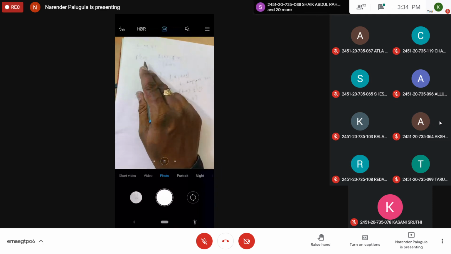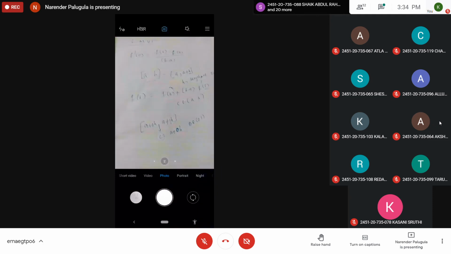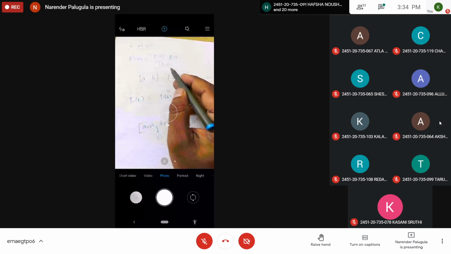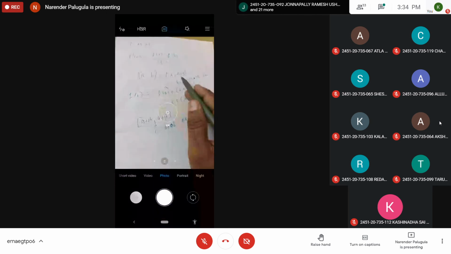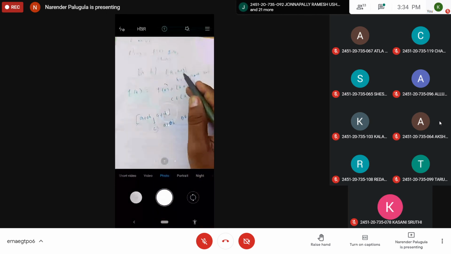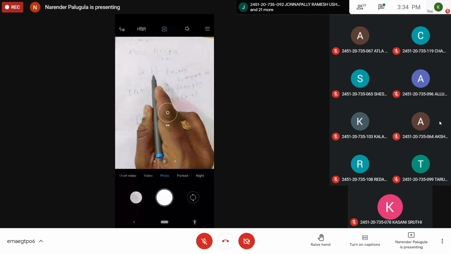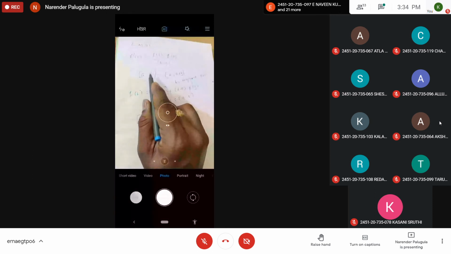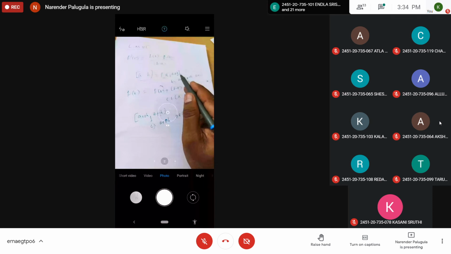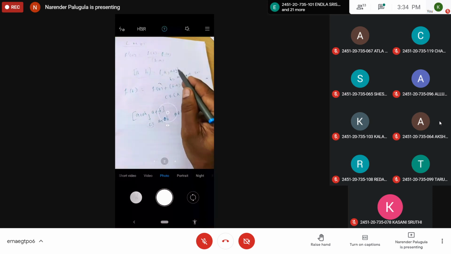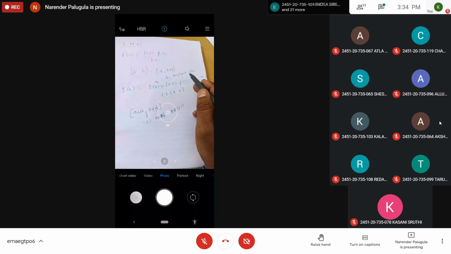Actually, Lagrange's mean value theorem is f dash c is equal to (f of b minus f of a) by (b minus a). Now, if we expand the interval like this, just understand the concept of the interval. Generally, b will be higher than a, that is nothing but a plus something. Whatever the value added to a, that will be the length of the interval. How to find the length of the interval?